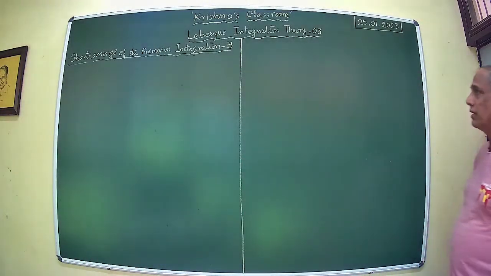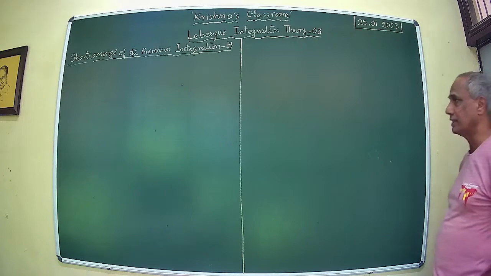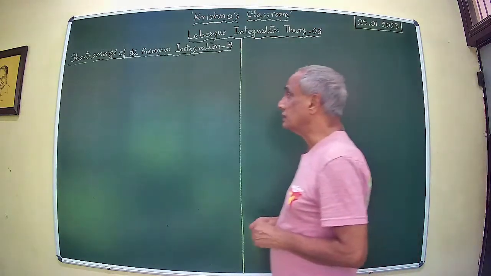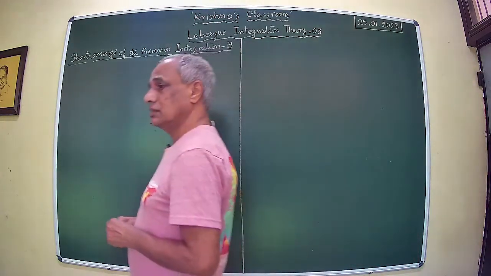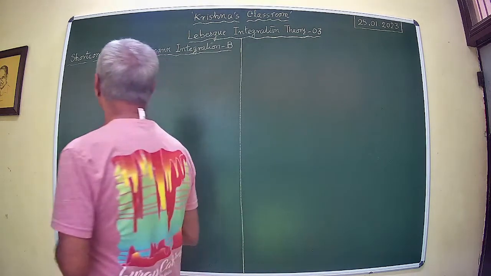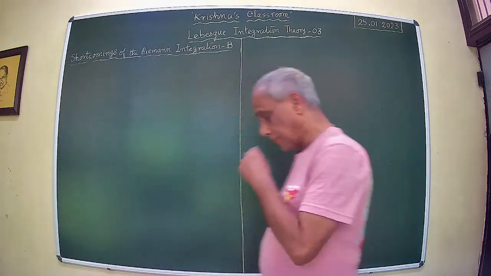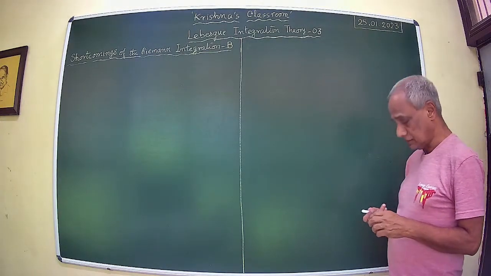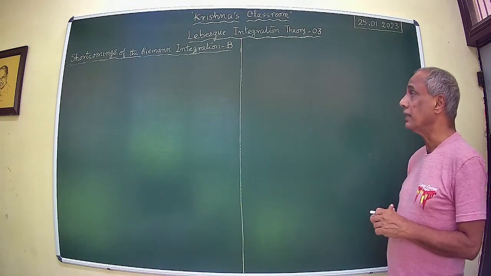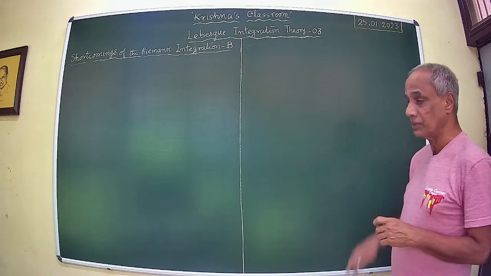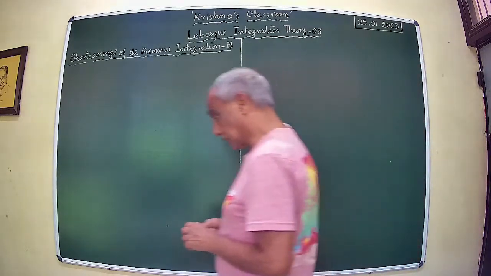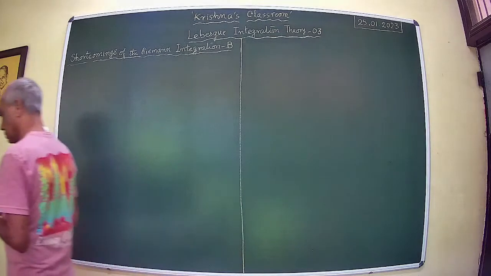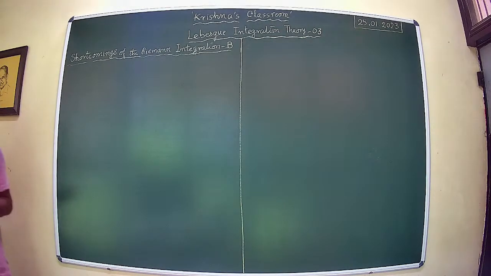We continue from where we left last time. We were discussing the shortcomings of the Riemann integration. Now, the second part of the lecture I am giving today concerns some more shortcomings.